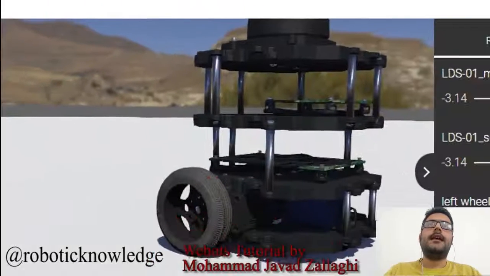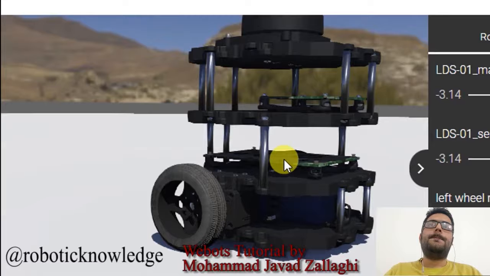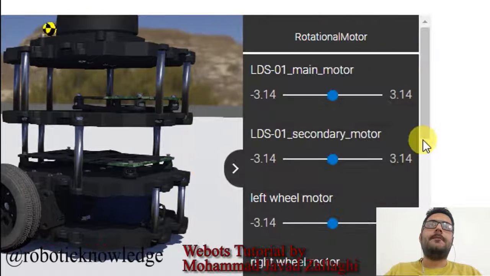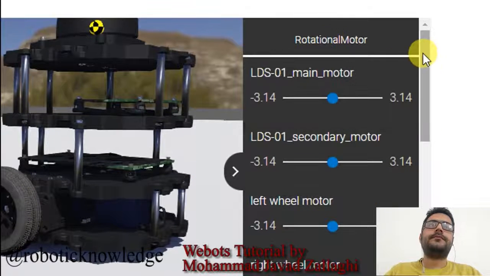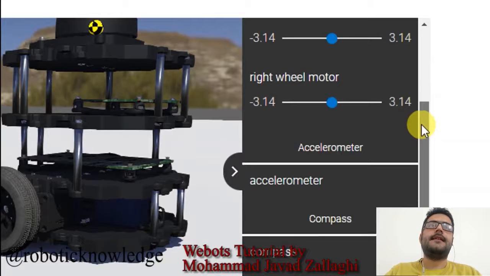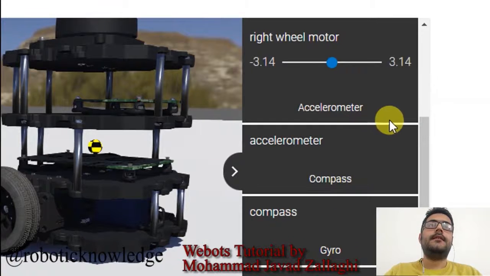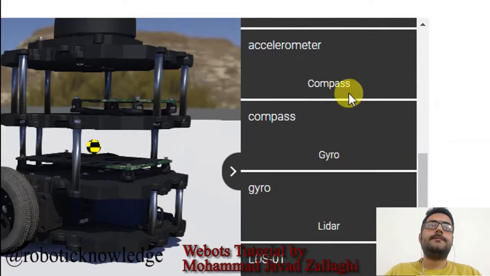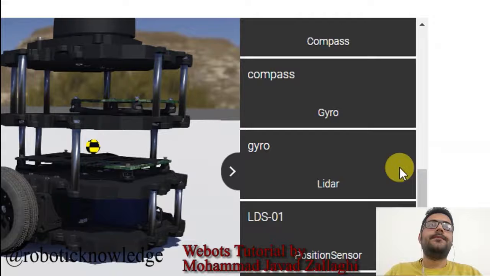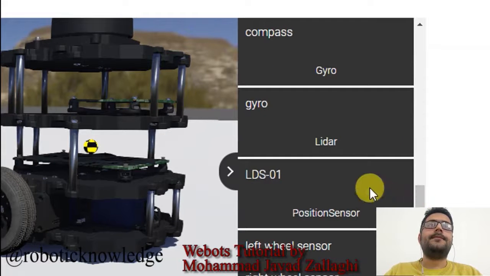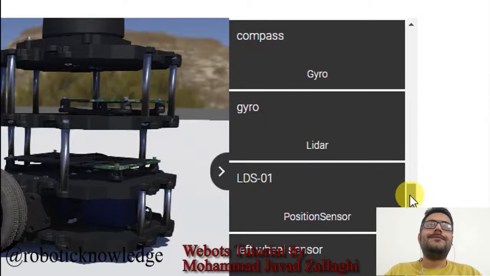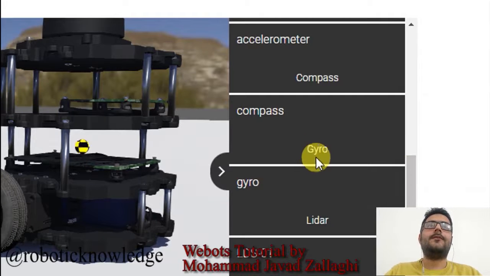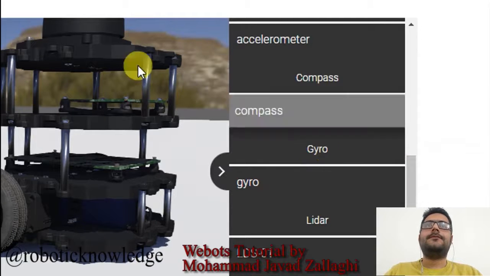You can see TurtleBot has some rotational motors, an accelerometer, a compass, a gyro, and a LiDAR. Here I want to use just the gyro.